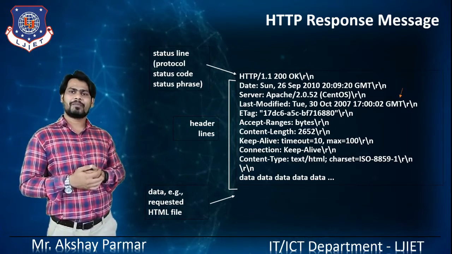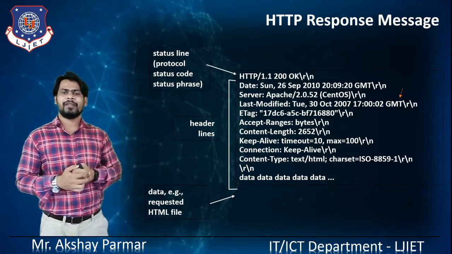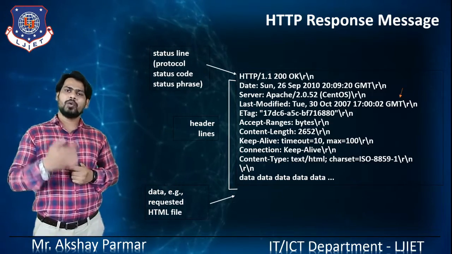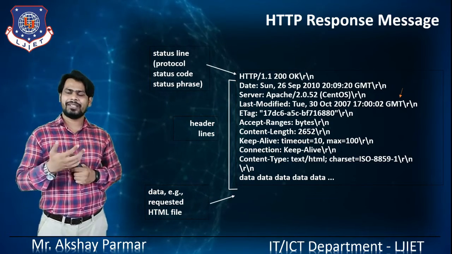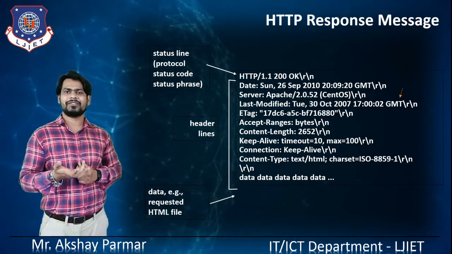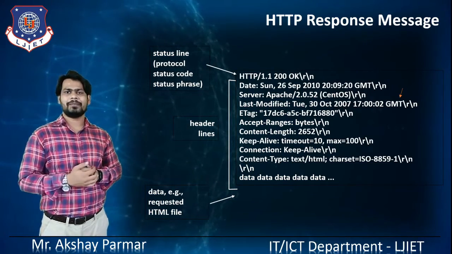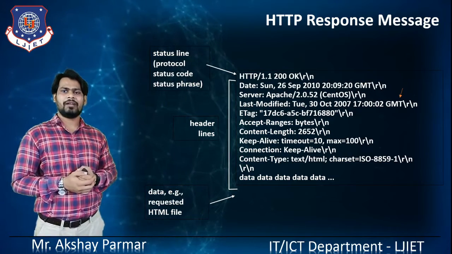So here you can observe that HTTP 1.1 is there. After that, the status code and the status phrase are there. 200 OK is the status phrase there. Right? We will see which kinds of status phrases are used with HTTP, right? After that, some header lines are there, right?